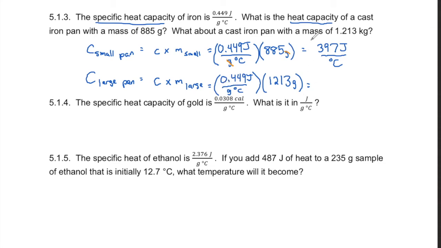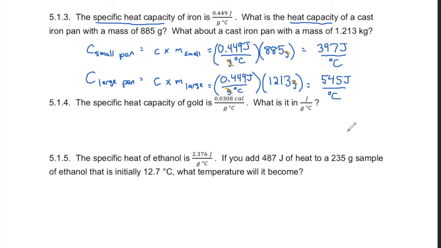For this large pan, I've converted 1.213 kilograms into 1,213 grams, and the grams then cancel. So for every degree Celsius change in this larger pan, it's going to take more energy, 545 joules per degree Celsius.